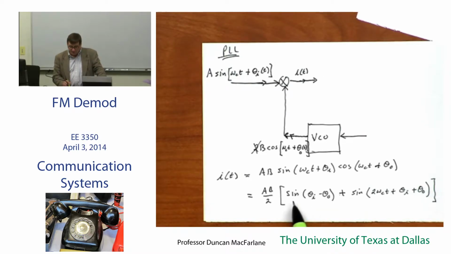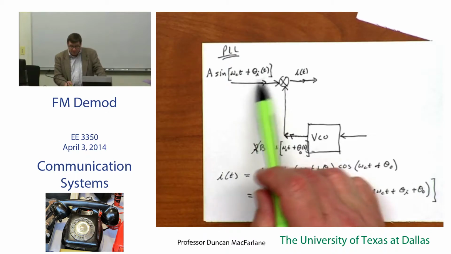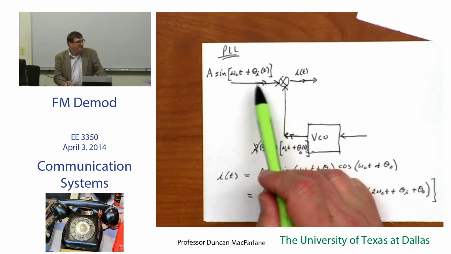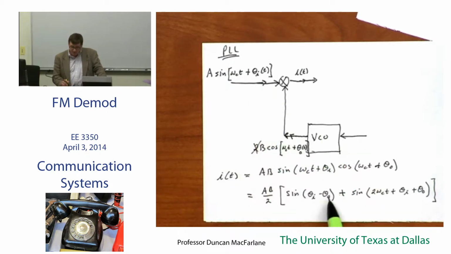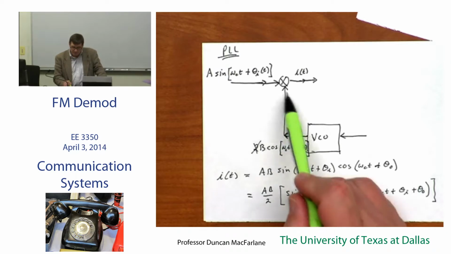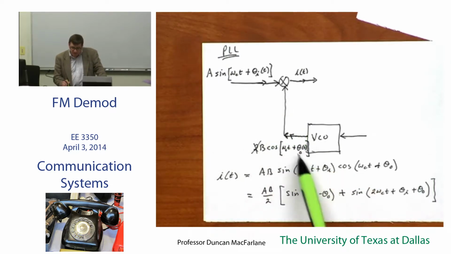This, on the other hand, is a sine of the input message signal minus the sine of the mimicked message signal. If I'm comparing this guy to this guy, presumably I want something there that's related to my message signal.